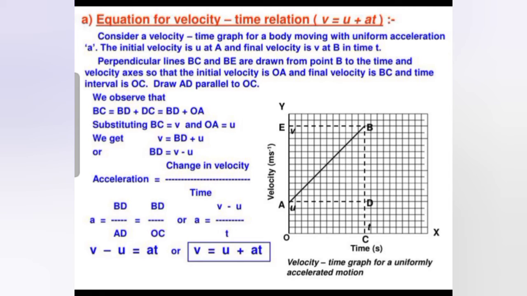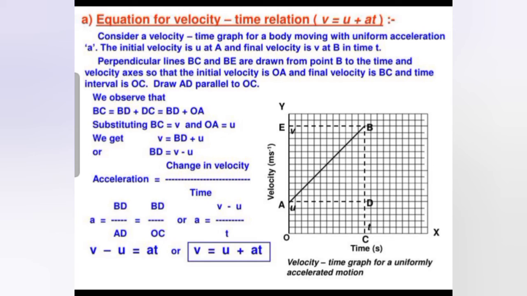So we have to substitute the values. BC is the final velocity, so BC is equal to v, and OA is equal to u, the initial velocity. So instead of BC we can write v.